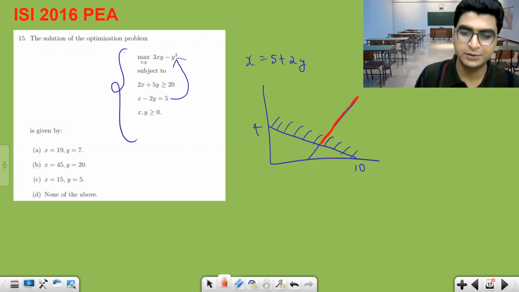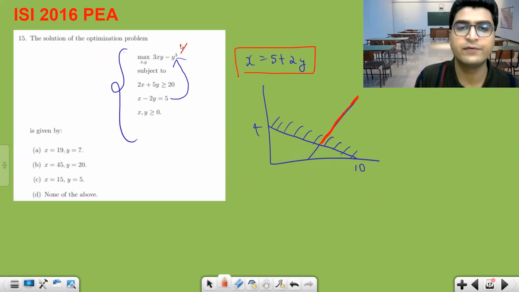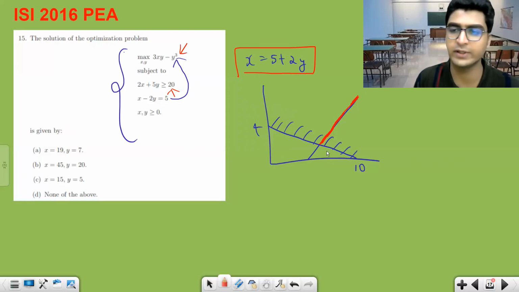All right, so I can substitute this into the objective function as well as into the inequality constraint. Both should be satisfied, obviously. So I can write: you are maximizing 3 times (5 plus 2y) plus y minus y cube.